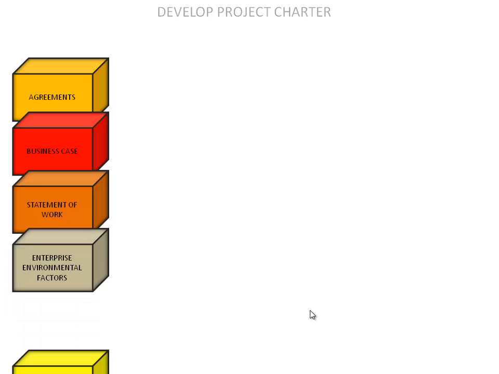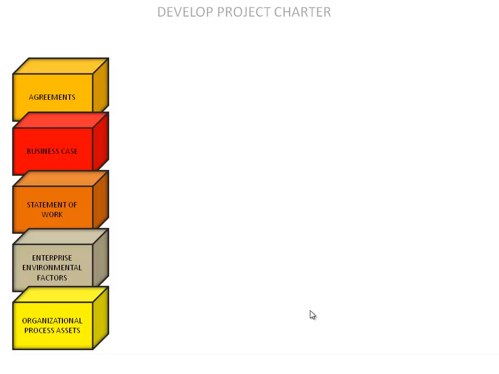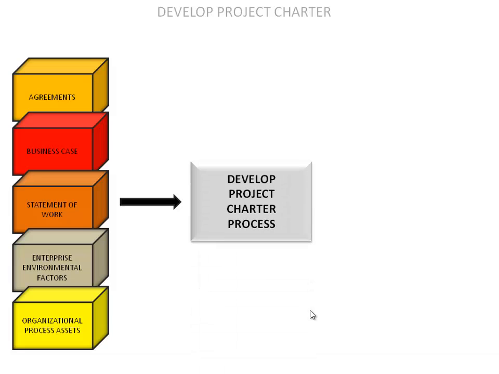And the usual EEFs and OPAs are inputs. Know what these are at a high level, and as you go through all of the processes in planning, you'll understand what they are when you see them as a recurring theme. So all of these are inputs to the develop project charter process.